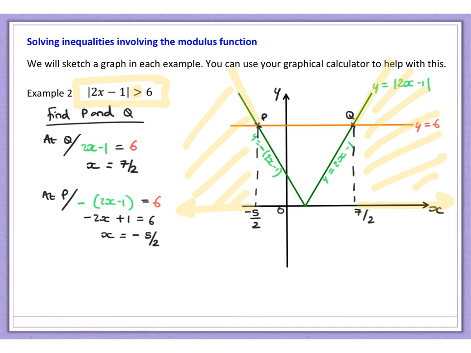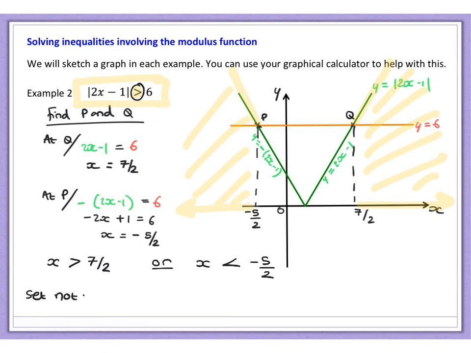So our solution set is x is greater than 7 over 2 or x is less than negative 5 over 2. Again, we have no equality this time because, of course, in the original question, there's no equality there. Now, we can also write this using set notation.